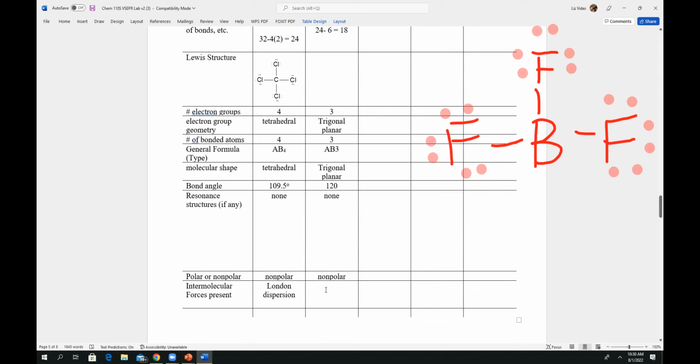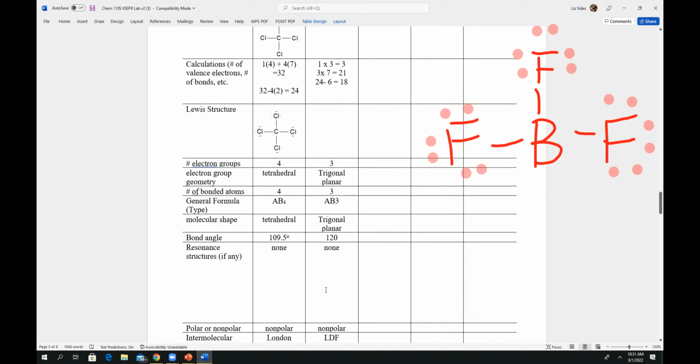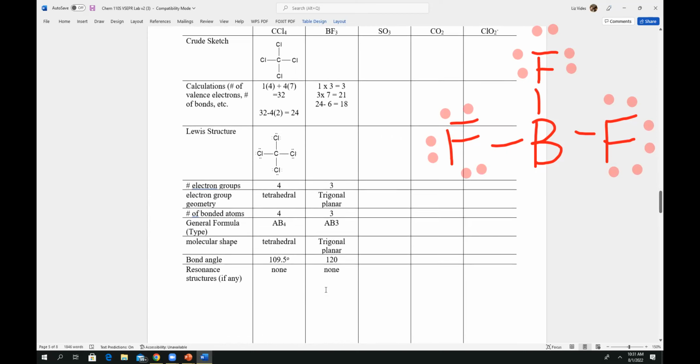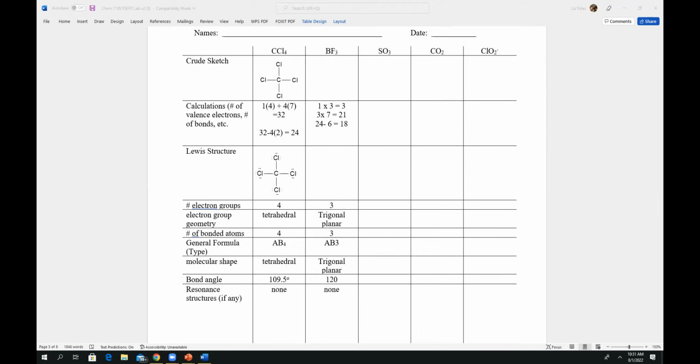And what forces? Remember the only ones, and I'm just going to call it LDF, London dispersion forces. The only ones that are non-polar forces are London dispersion. They only come in the non-polar. All right, so let me clear these and go to the next one.